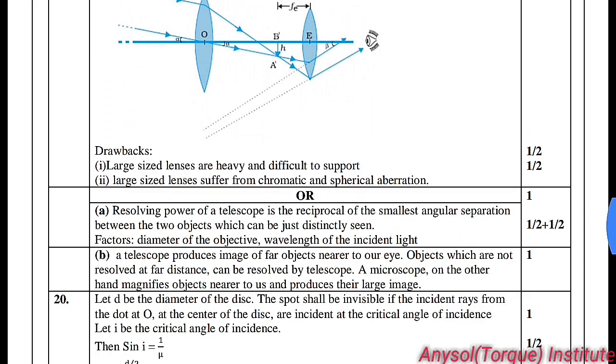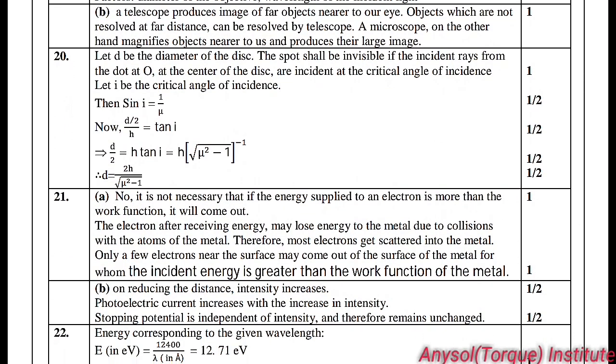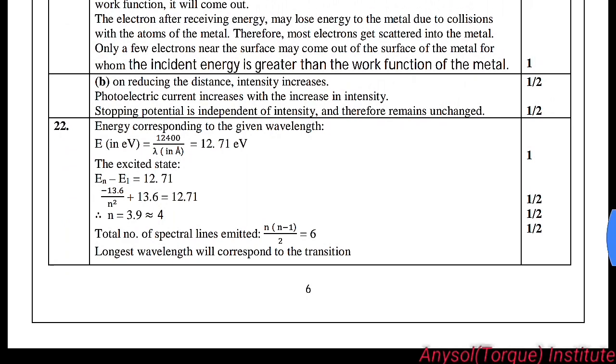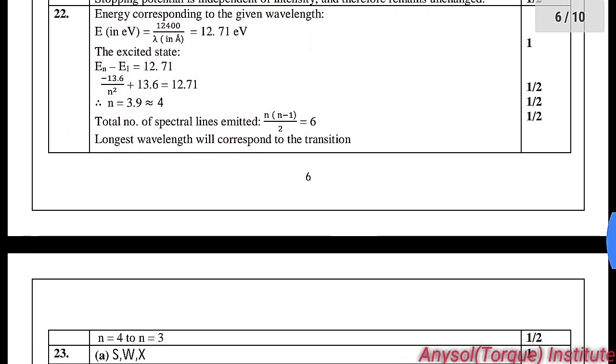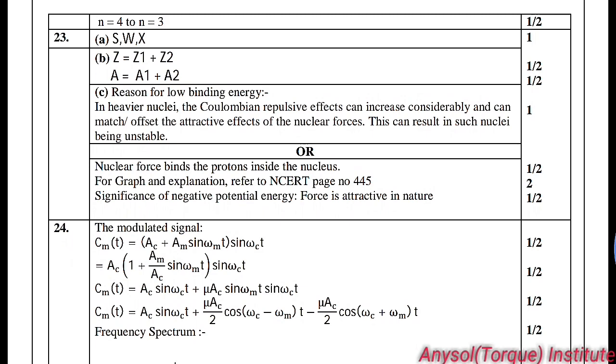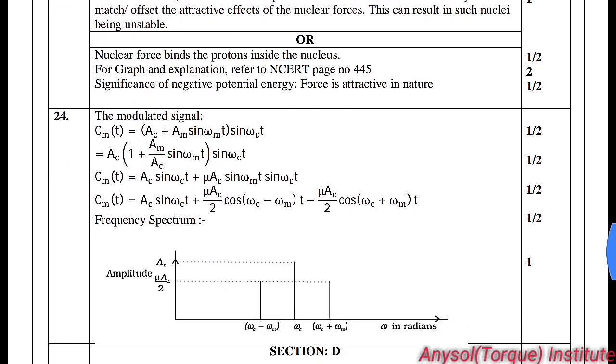You can see the marking scheme, how you will get the marks in the final examination. We have important questions list also. We'll give it in the description box. Just go down and watch our description box.